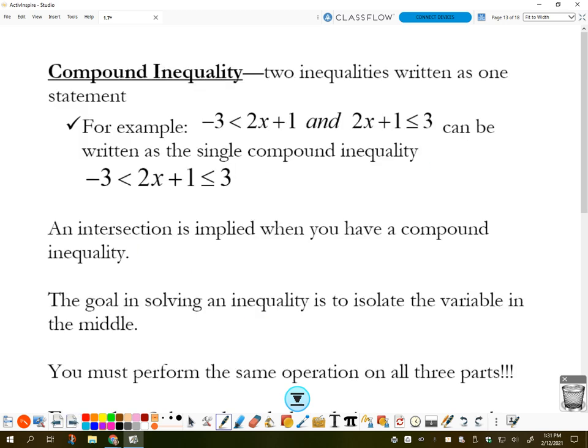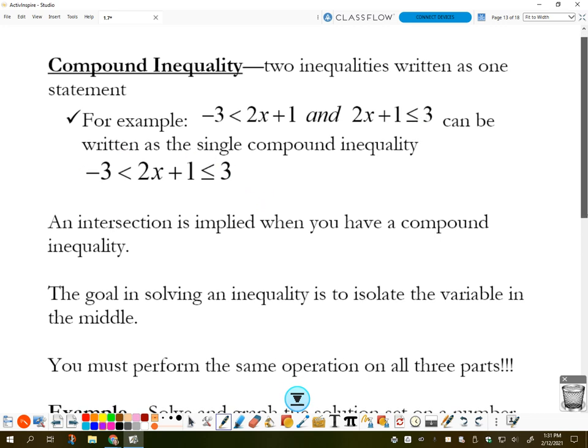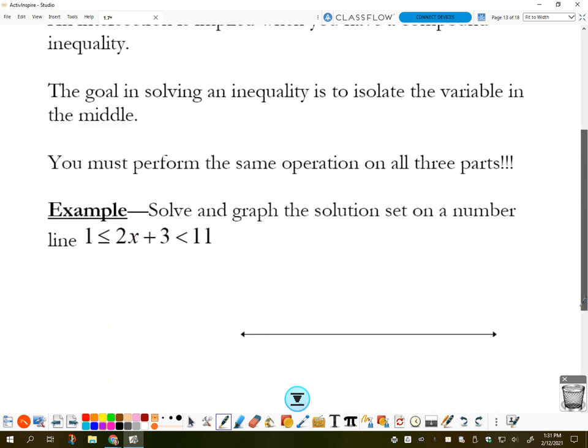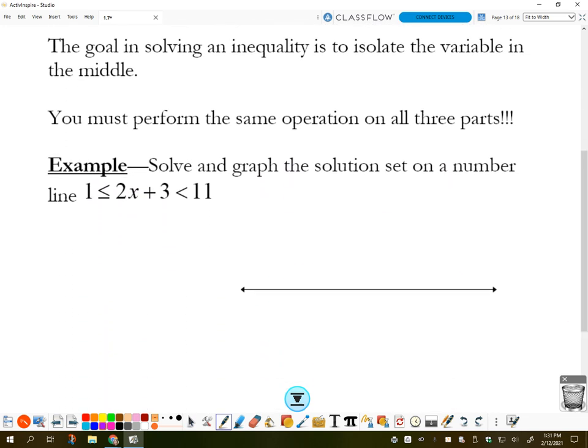Alright, a compound inequality is when I have two inequalities together. There's really no reason to write all of this except to understand that I can put an and inequality together as one big statement. So that's what this looks like. If they're together as one big statement, which the ands usually will be, this has 3 sides to it.